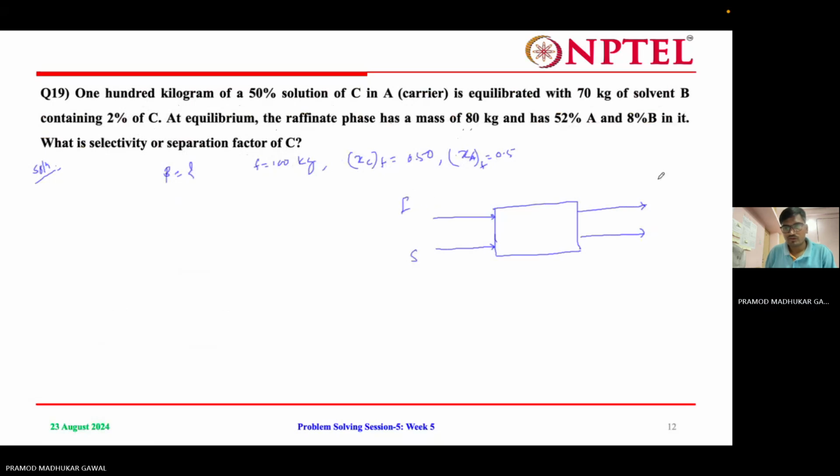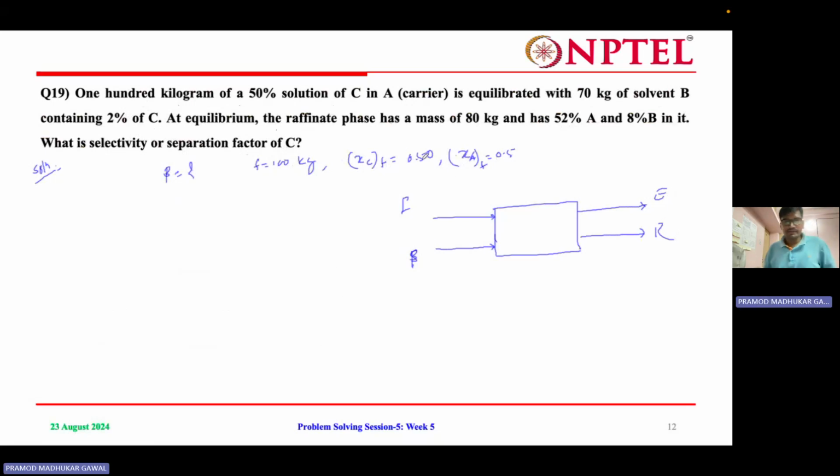Feed solvent, right? Yes, solvent. Denoted V extract rapid, right?